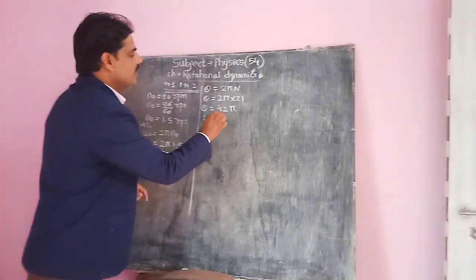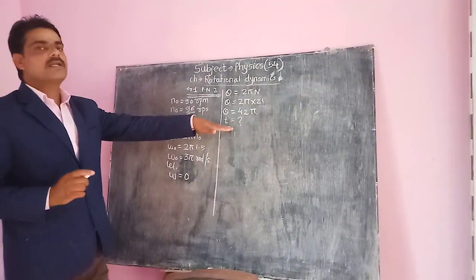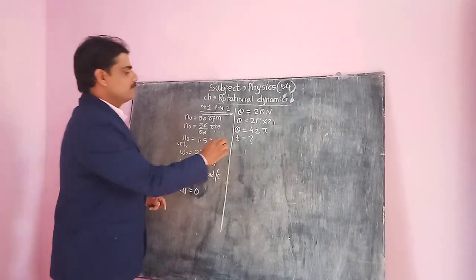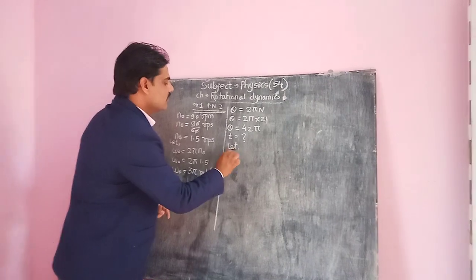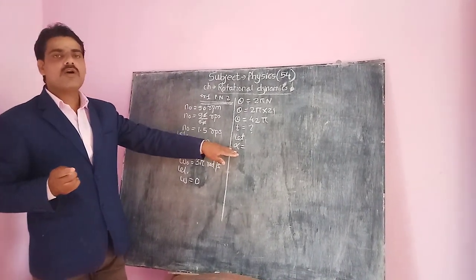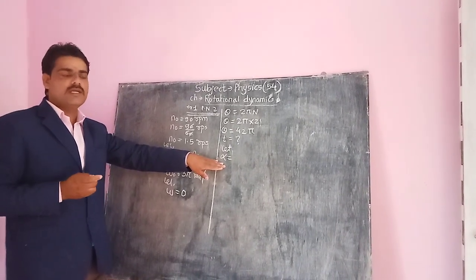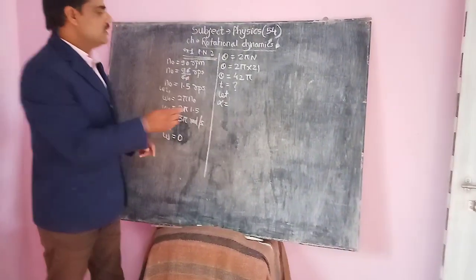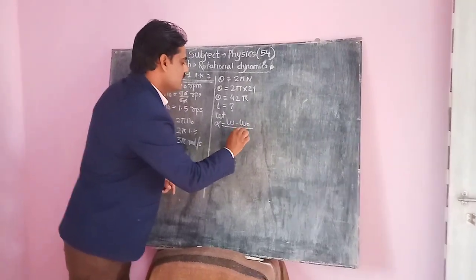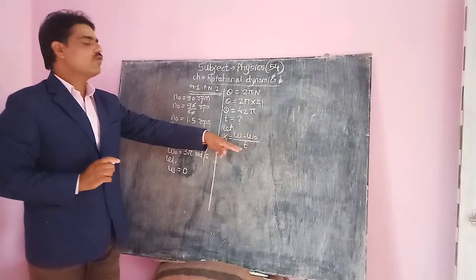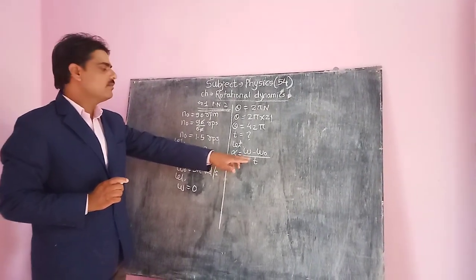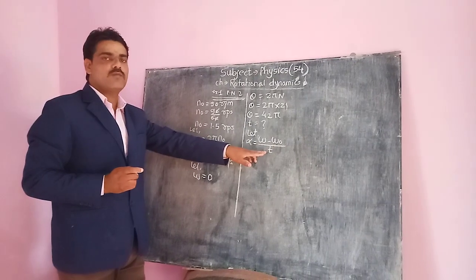We have to find out the time taken by the fan to stop. We know that angular acceleration means rate of change of angular velocity. We can write alpha is equal to omega minus omega 0 upon t, that is, final angular velocity minus initial angular velocity upon t.